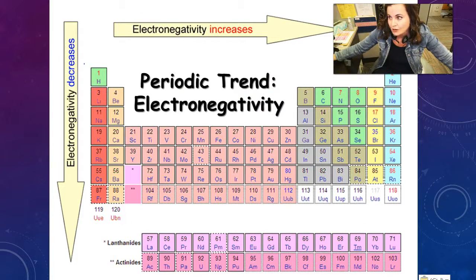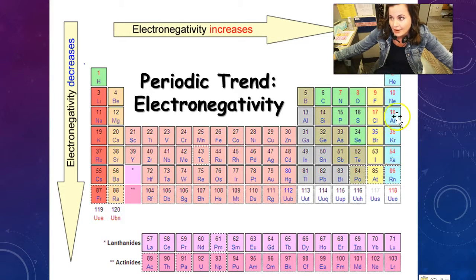When you look at this chart here, you can see that electronegativity decreases as you go to the left and to the bottom, with francium down here having the lowest electronegativity of all of the atoms in the periodic table. Fluorine has the highest electronegativity.